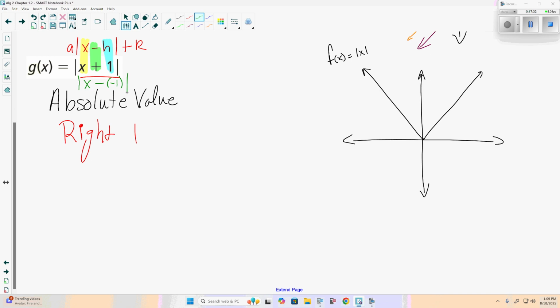Do y'all see that? Inside those parentheses and absolute values, it's going to be the opposite of what we think. Because again, it does look like it should be right. Plus is right. But inside these parentheses and absolute values, we're actually moving it to the left one. Because the value of h is not positive 1. The value of h in this case is actually negative 1. So we see how that's being affected.